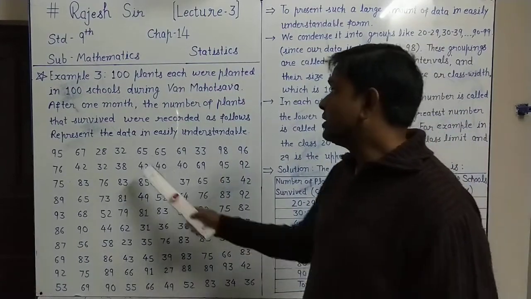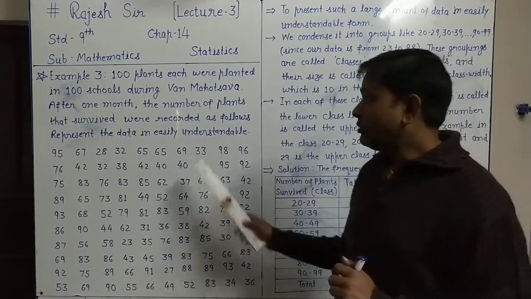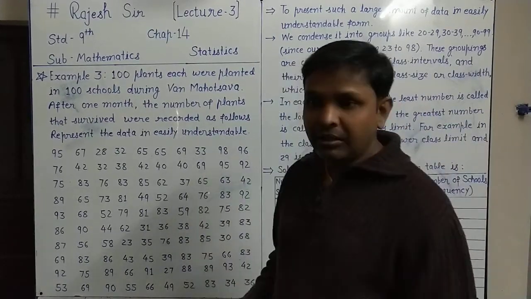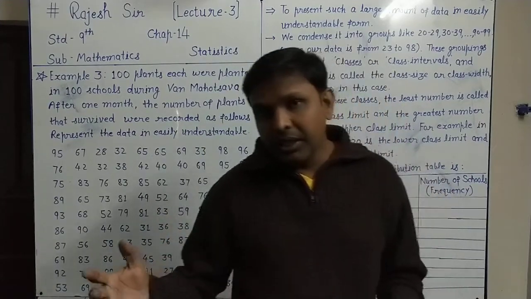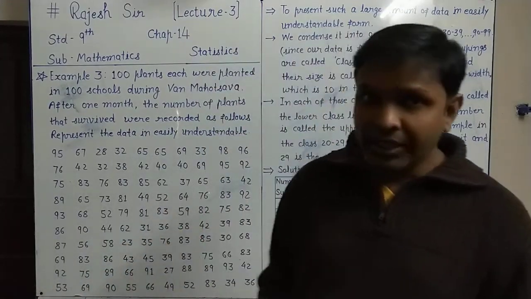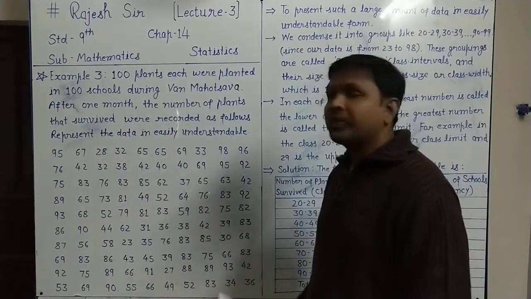Here the record is given for the survived plants only. After 1 month, when checked again, the record of survived plants was this way.